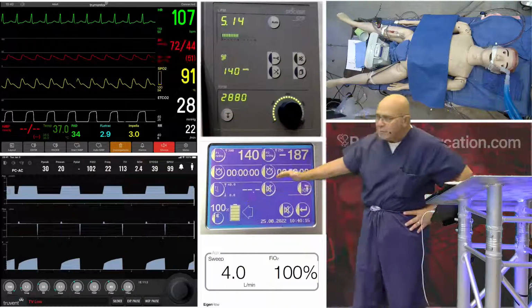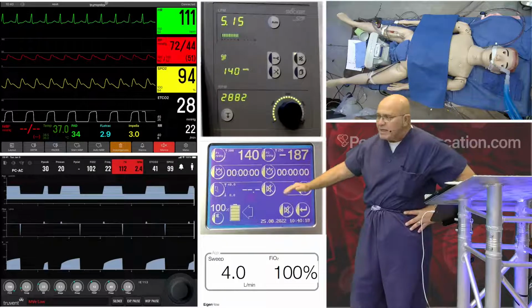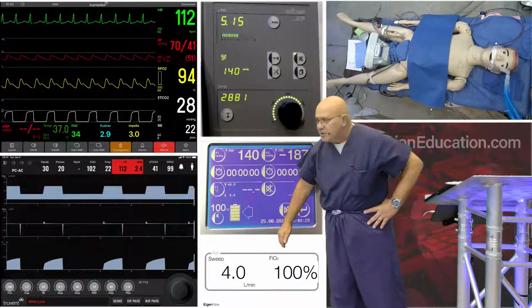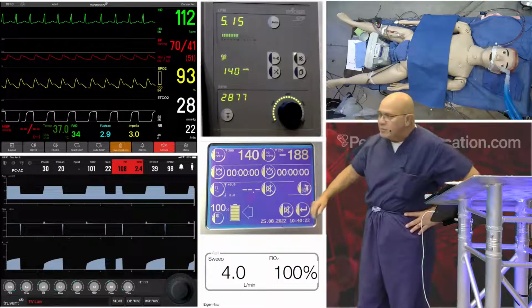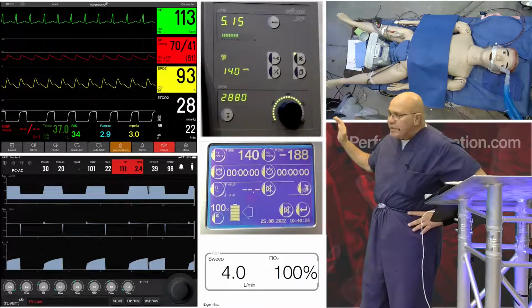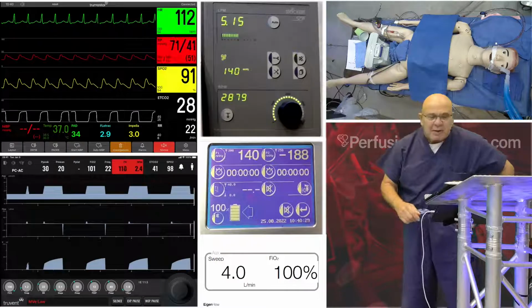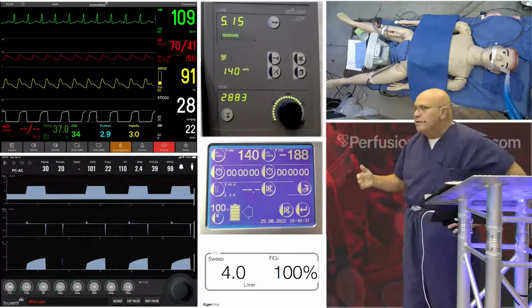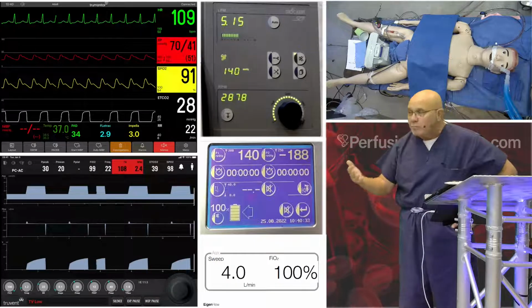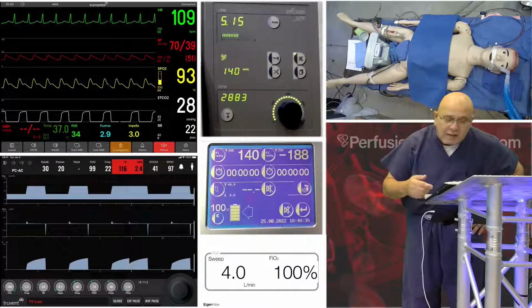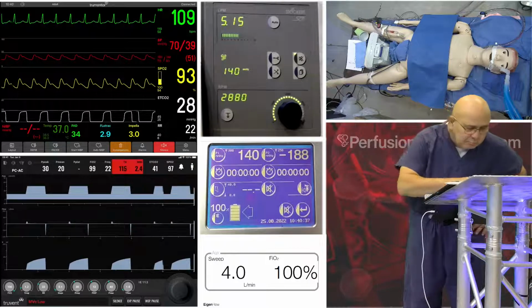You see that our pressures, where our limitation is, we've stayed at 100% on our FiO2 with a sweep of 4, and you see our patient there with the various different things attached to him. And the best thing we can do now is let's draw gas from the right radial to see what that is.